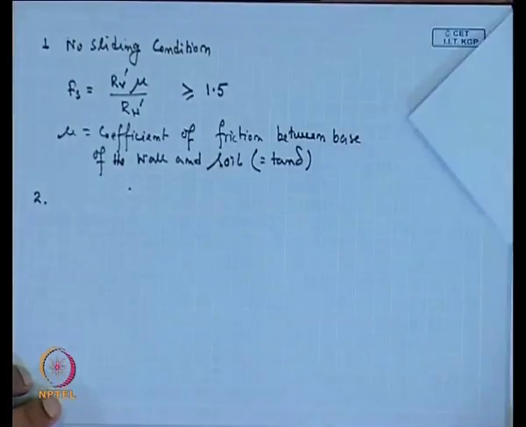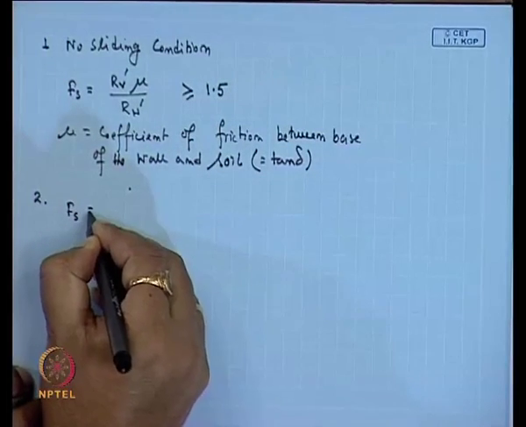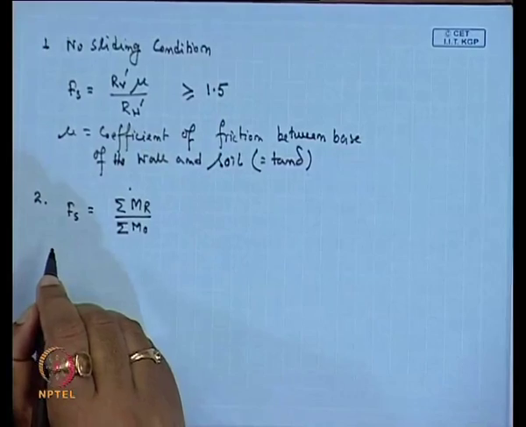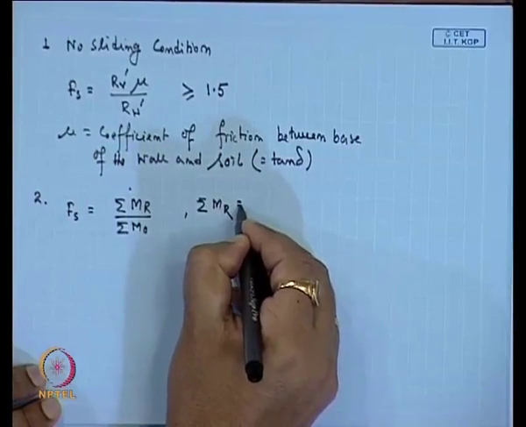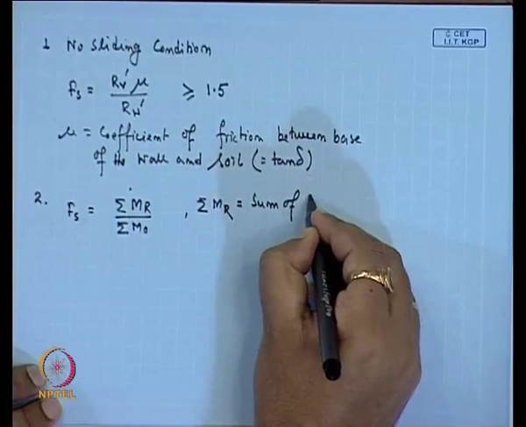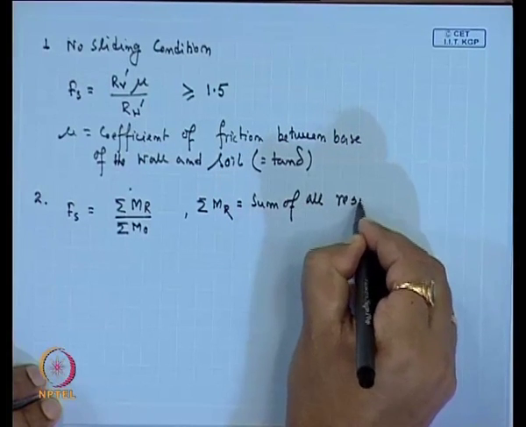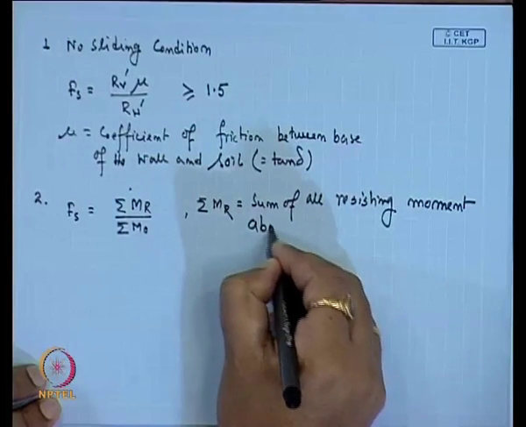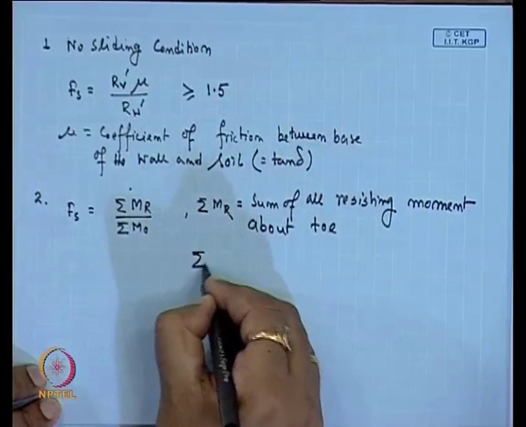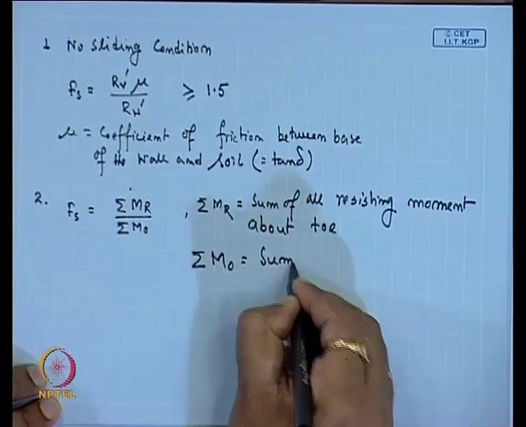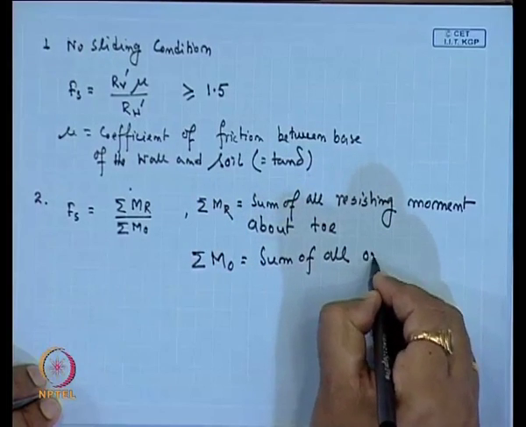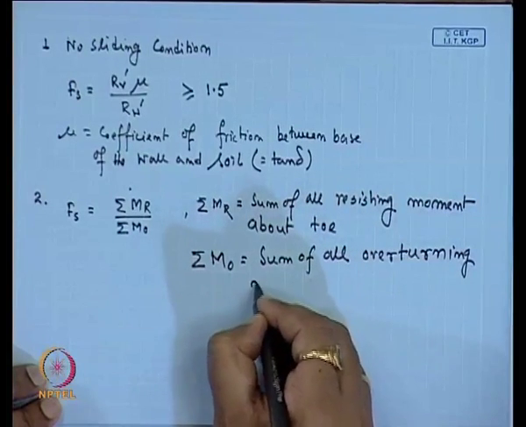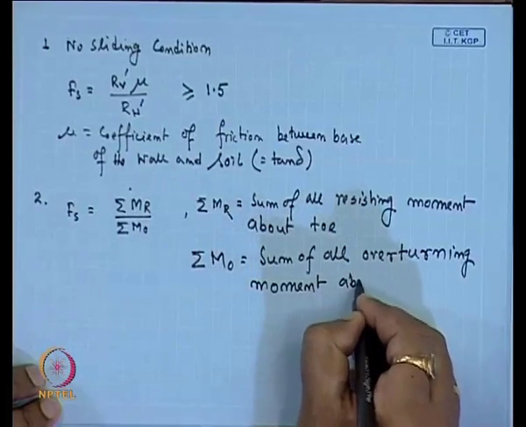So, if we consider the factor of safety for no overturning condition, that is the summation of M r divided by summation of M o, where summation of M r is the sum of all resisting moments about the toe, and summation of M o is the sum of all overturning moments about the toe.